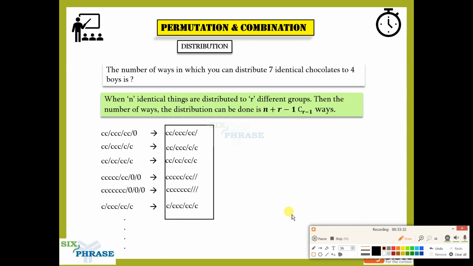There are 7 C's and 3 symbols like this. This is what we have. In all of these, we have 7 C's and 3 slashes. See, 3 slashes, 7 C's, 3 slashes, 7 C's, and so on.